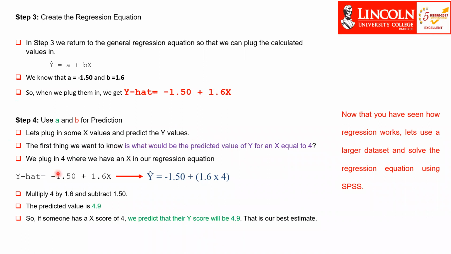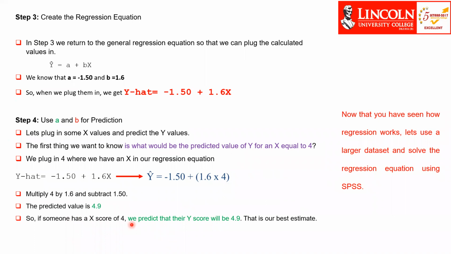So if you do that, we have this equation, then we plug in 4 for X. So your equation will look like this. You multiply 4 by 1.6 and subtract 1.50 because it's a negative value. So the predicted value will be 4.9. So if someone has an X score of 4, we predict that their Y score will be 4.9. That is our best estimate.